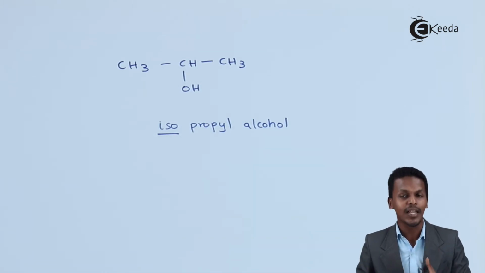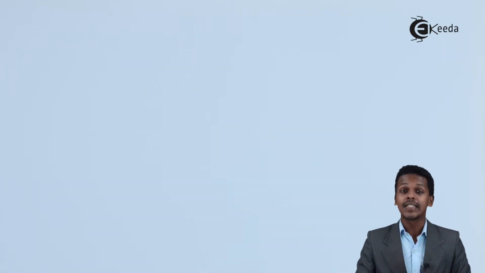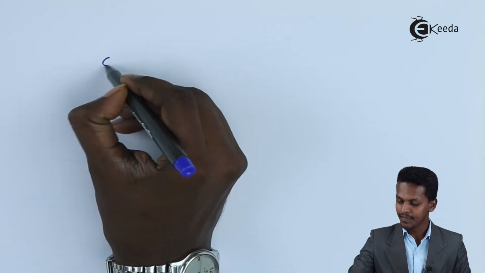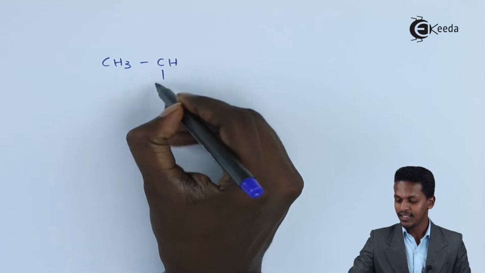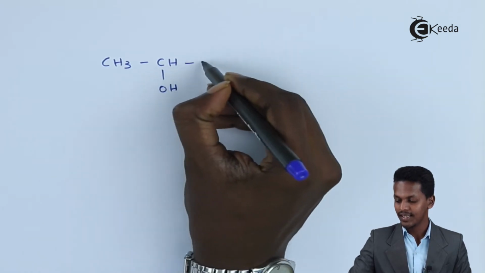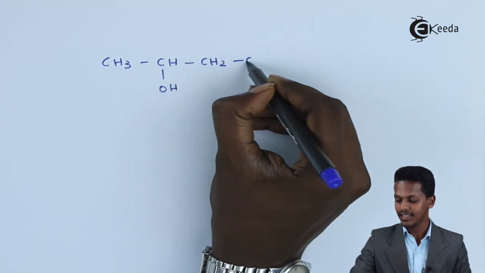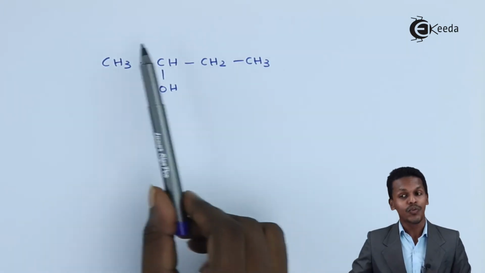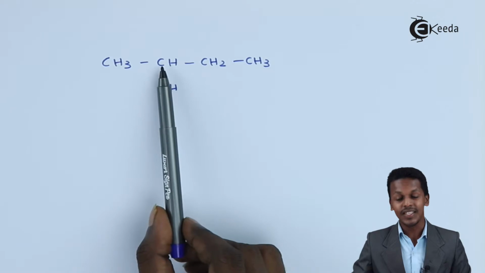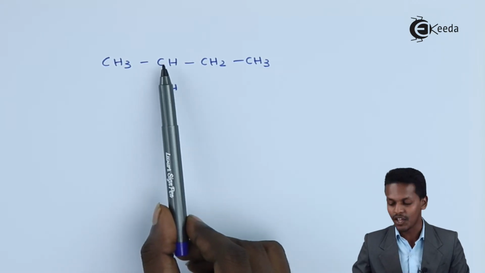Now let me talk about the next one. Suppose we consider another example, CH3, CH, here there is OH, here there is CH2 and here it is CH3. There are 4 carbon atoms over here and the OH is attached to the second carbon atom.